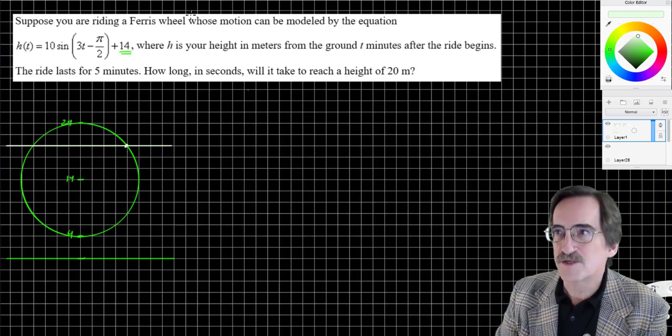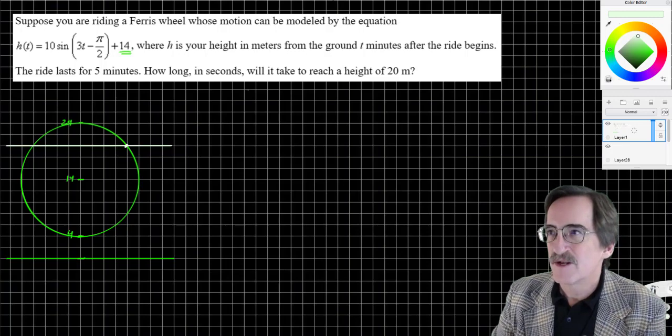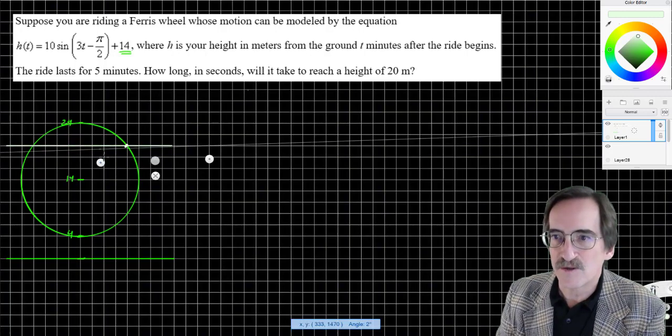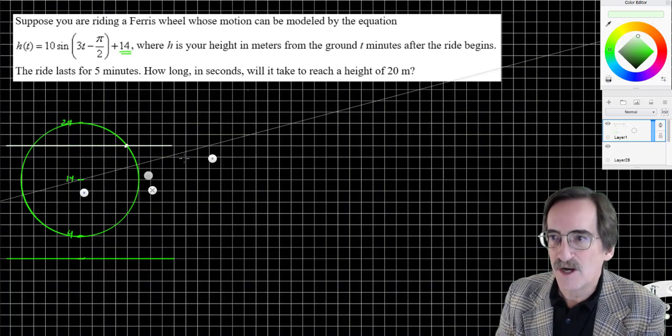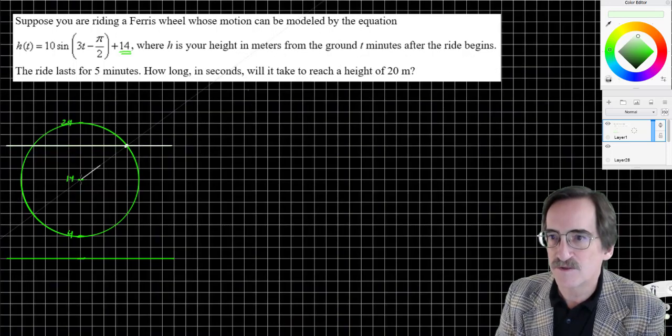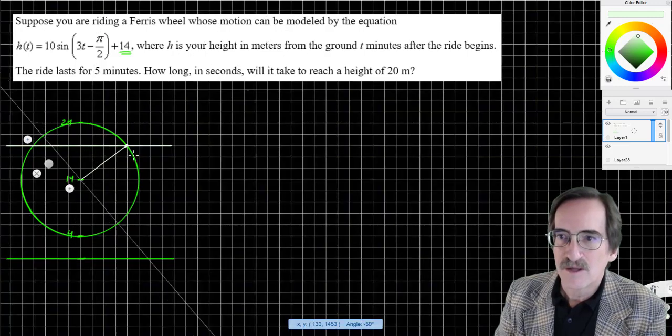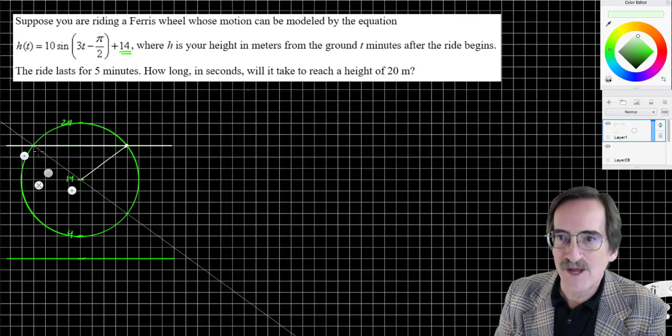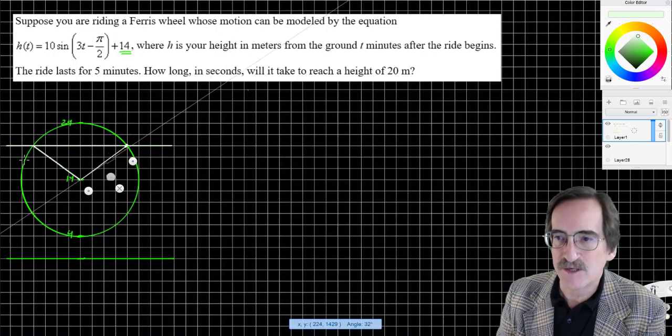Okay, and the question is, when will that be? Now we can see, hopefully fairly clearly, that it's going to reach a height of 20 meters on the way back down as well, and that would be a different result. But the question's asking about when it first reaches 20 meters. So we're really after the time aspect right here.